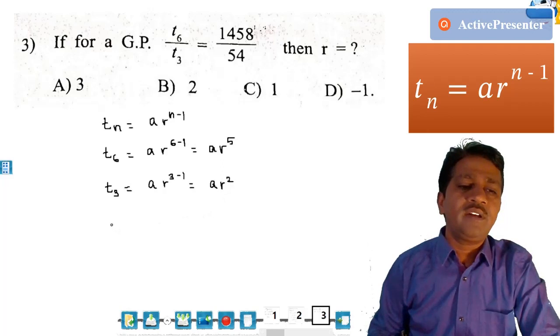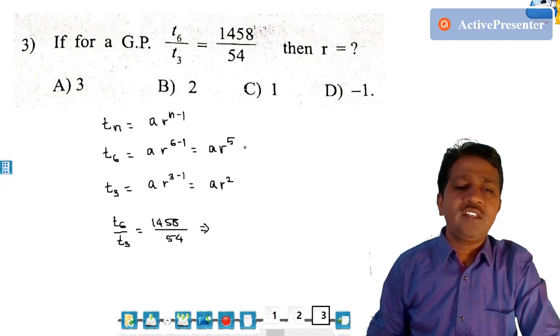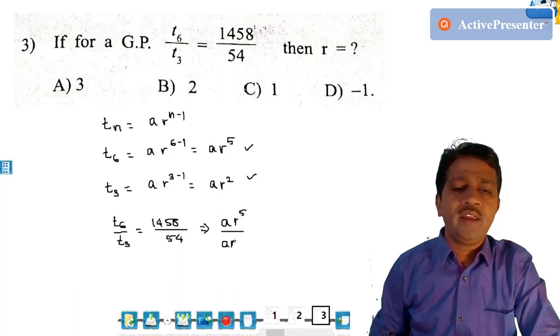Now come to the given equation. It is given that T6 upon T3 is equal to 1458 divided by 54. Now put the values of T6 and T3 which we have obtained above. So it is A into R raised to 5 divided by A into R square, and it is given to be 1458 divided by 54.